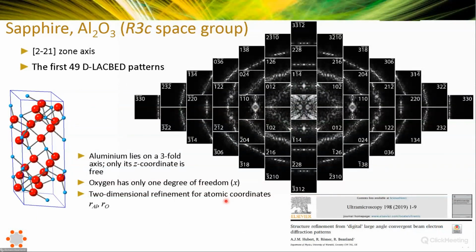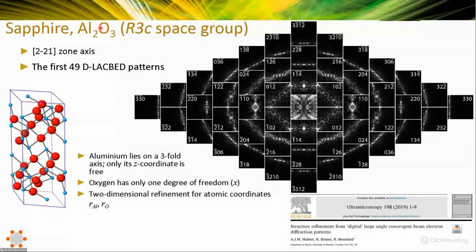Okay, moving on to what else you can get out of these patterns. As I said, it's mostly sensitive actually to atomic coordinates. And so here's an example where not all of the atom positions are completely determined by symmetry, but still fairly straightforward. So this is sapphire.